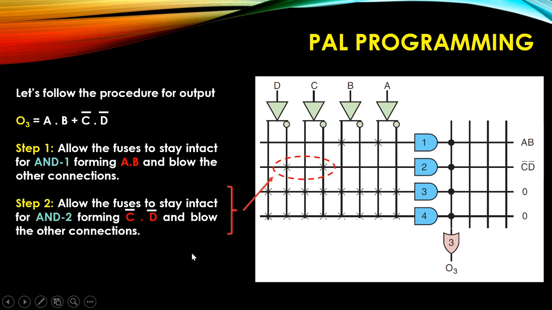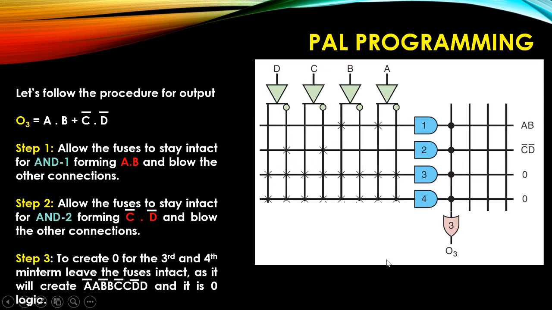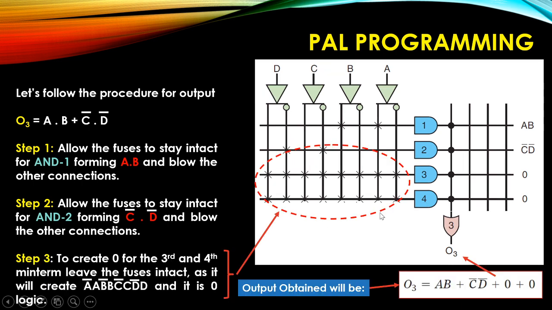But for the other two terms which are hardwired to the OR gate, we have to have a 0 coming out of the AND gates. Now we all know that in a pre-programmed configuration, all the inputs are available at AND gates 3 and 4. So we will leave that as it is.